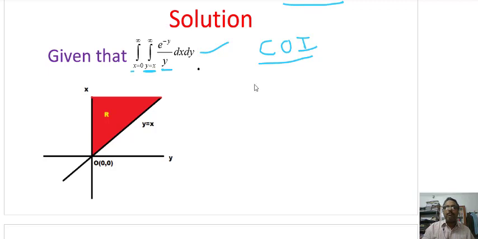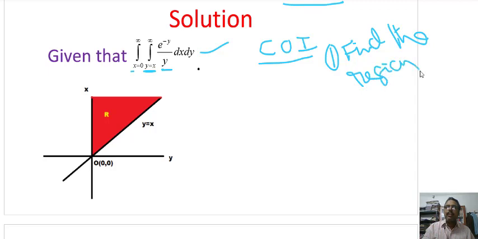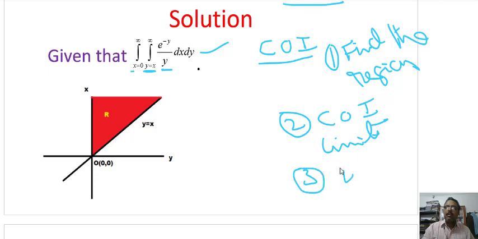First step is to find out the region. In this method, first find out the region. Then change the order of integration, then find out the limits and change the limits, then evaluate the integral.